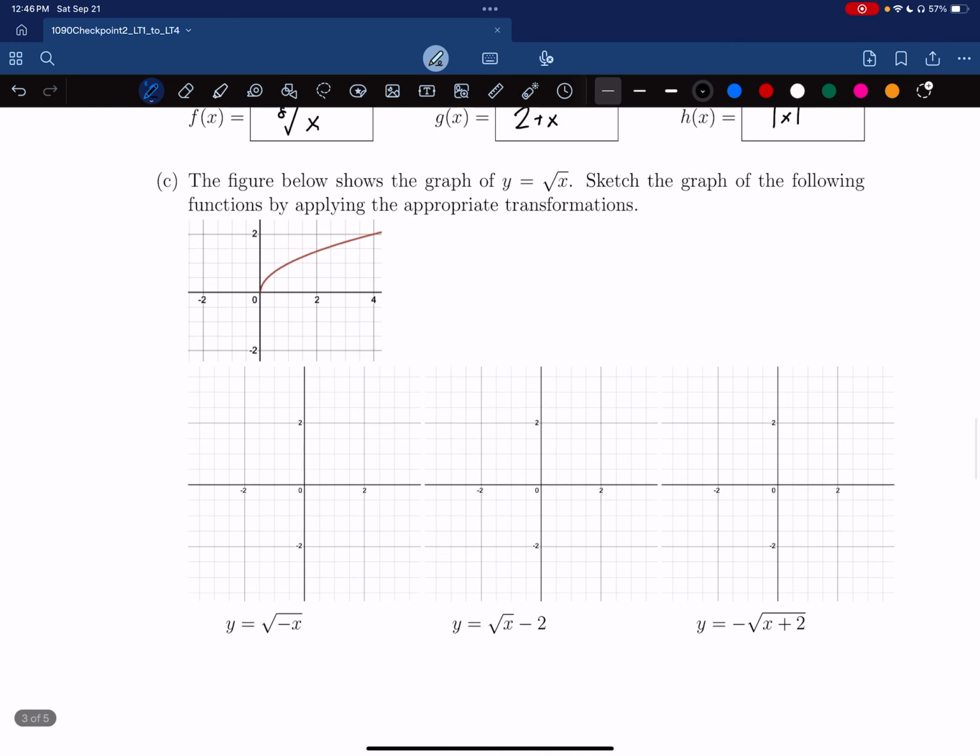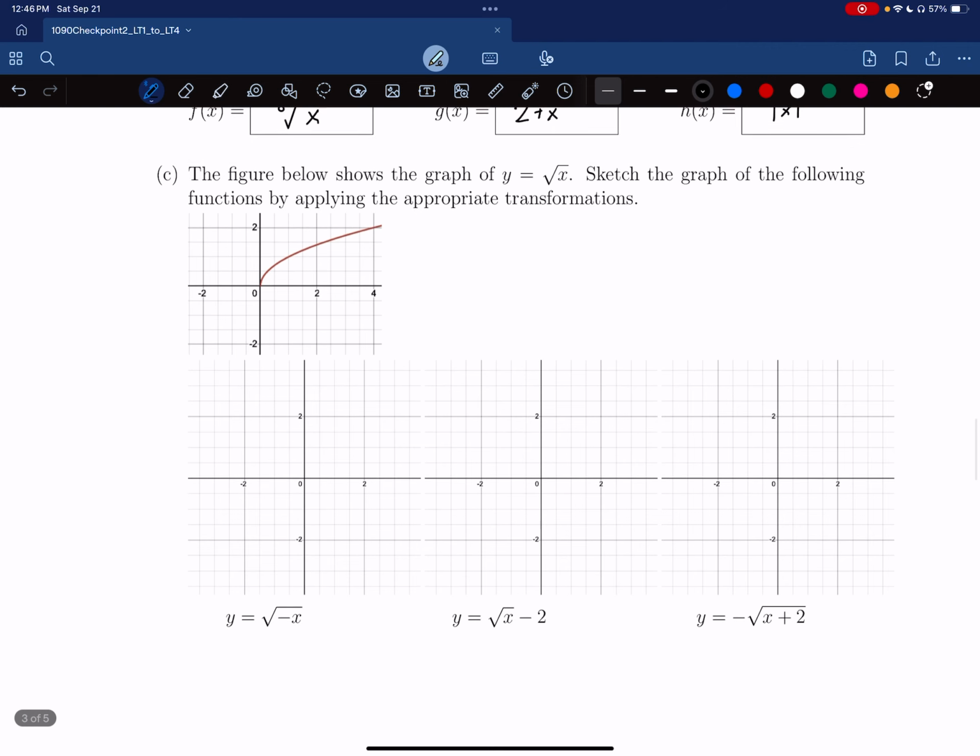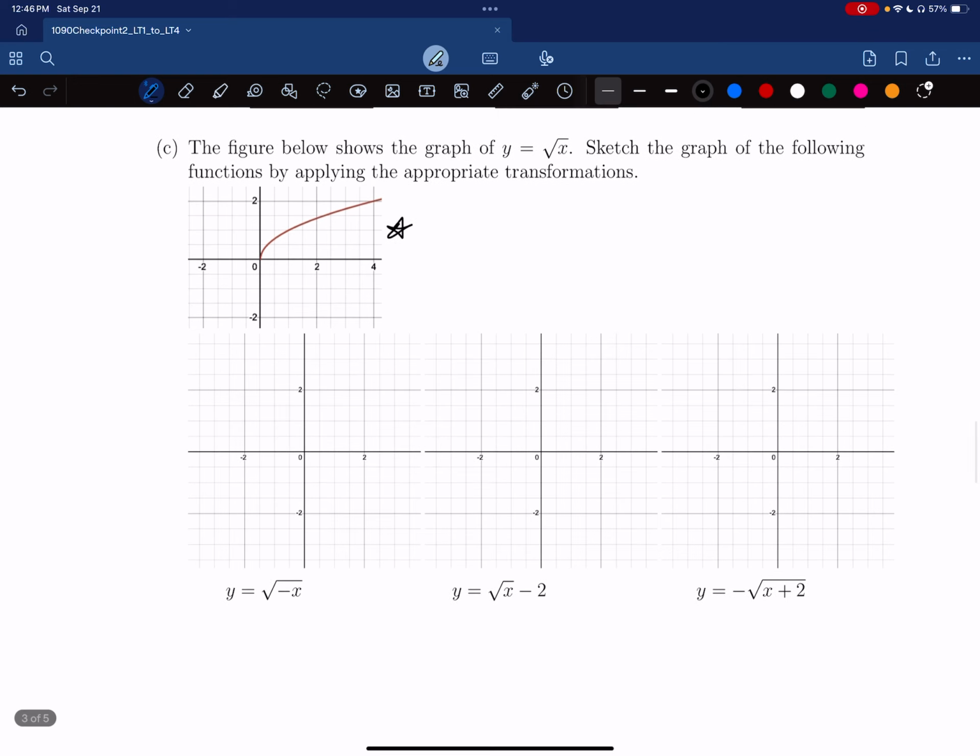Finally, we're looking at transformations of a graph, and this graph will be of the function y equals the square root of x, which is represented right here. So looking at this bottom left graph, we are going to be doing the transformation y equals the square root of negative x.